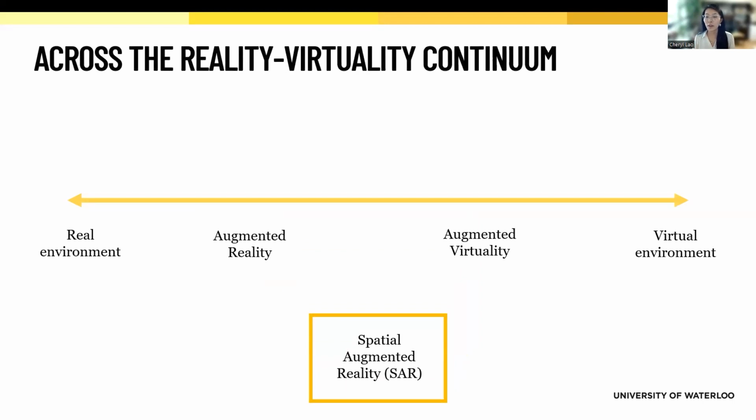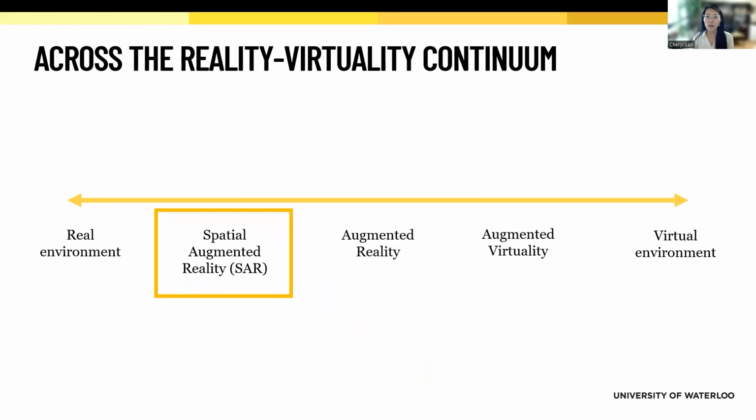Now, that spatiality diegesis continuum was designed for 3D games, but the authors talked about how the same ideas could be extended to AR. The reality-virtuality continuum describes the continuum between the real environment and a fully virtual environment, like in fully immersive VR. So spatial augmented reality sits closer to the reality side because it relies on the physical environment around the viewer.